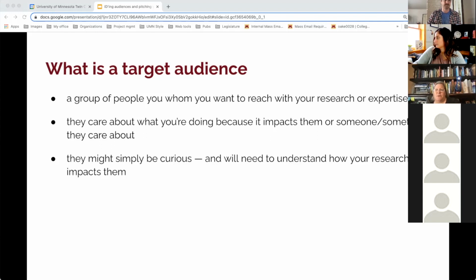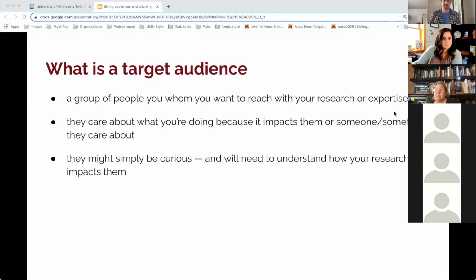But what do we mean when we say target audience to start? Your target audience is a group of people that you want to reach with your research or your expertise in general. So it may be a particular piece of research, a particular project, or just your area of expertise in research or science. Typically, the audiences that we're trying to communicate to care about what we're doing because it impacts them or someone or something they care about.